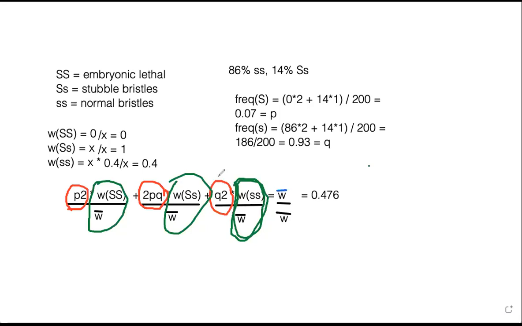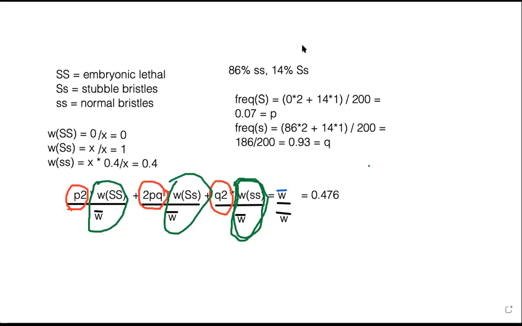So our frequency of normal bristled flies is going to be smaller than it would be if we had no selection, and our frequency of stubble bristled flies is going to be larger than it would have been if we had no selection. And that's what these fractions that I've circled here are telling you. They're telling you the direction that selection is going to move those genotypes.